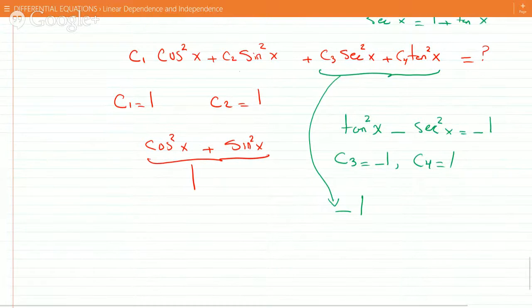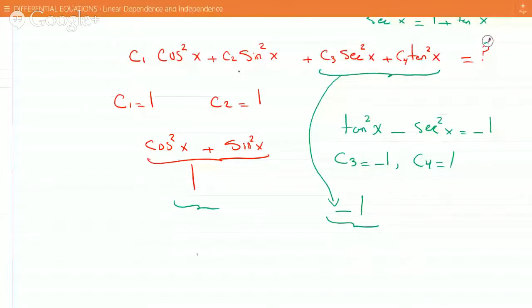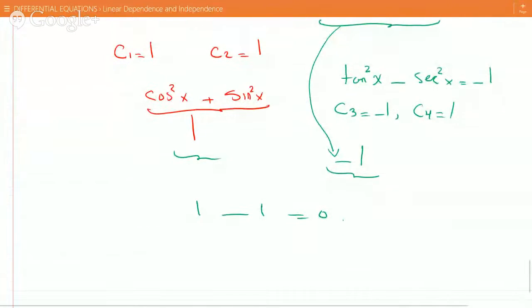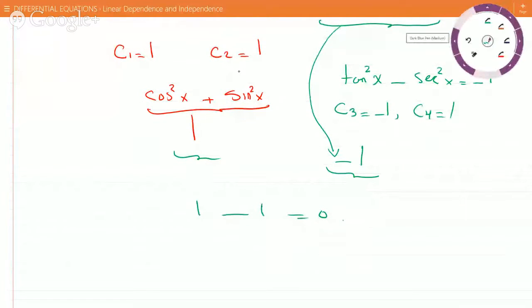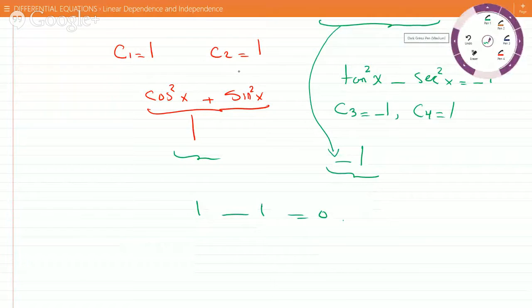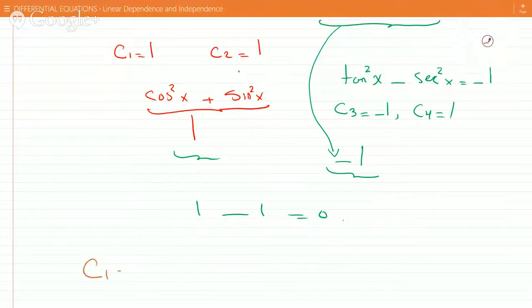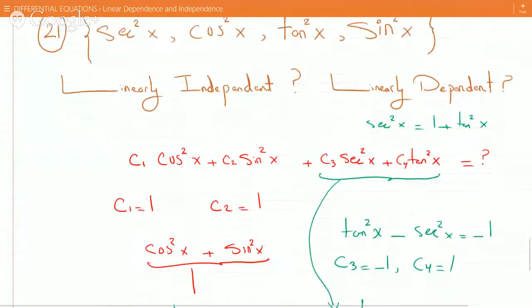And when I add 1 and minus 1, I get 0. So I was able to find C's, right? I was able to find C1 equals 1, C2 equals 1, C3 equals minus 1, and C4 equals 1, where all of these functions here add up to 0.